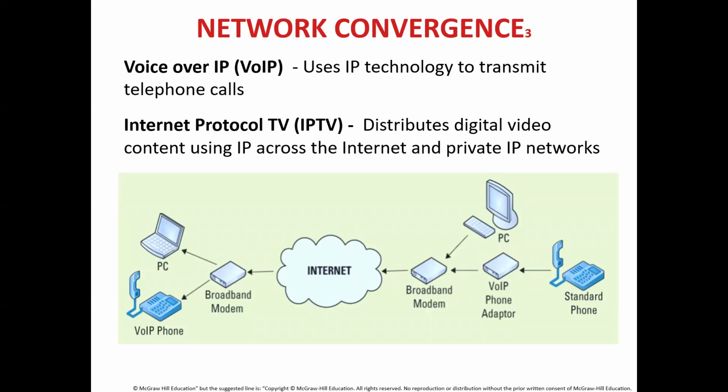Network convergence continued. Voice over IP uses IP technology to transmit telephone calls. Internet Protocol TV, or IPTV, distributes digital video content using IP across the internet and private IP networks. Numerous vendors offer VoIP services. However, the service works differently depending on the vendor's IP infrastructure.